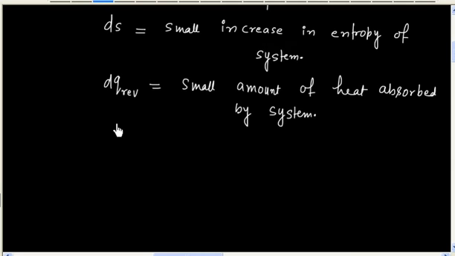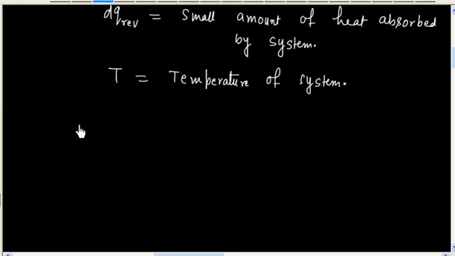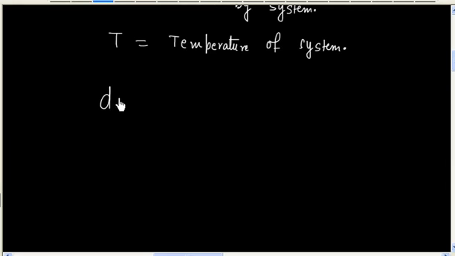T denotes the temperature of the system. So we have dS is equal to dQ reversible divided by temperature.